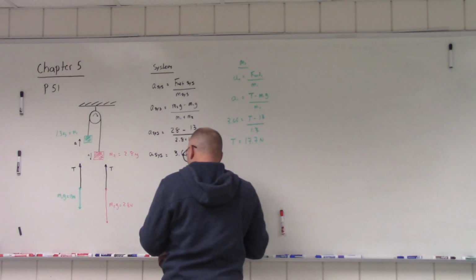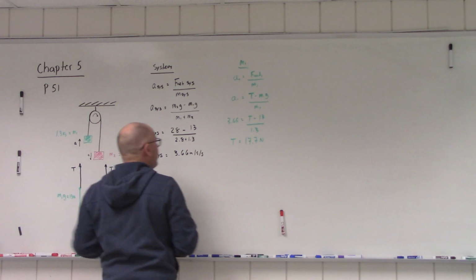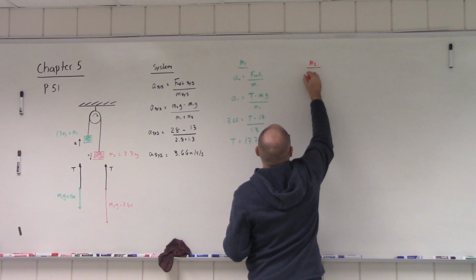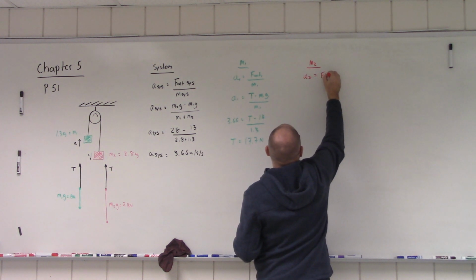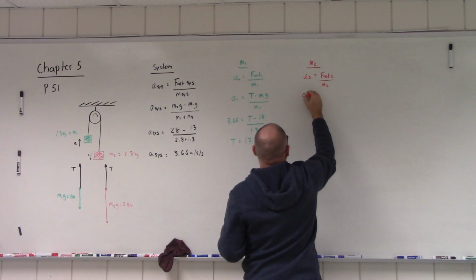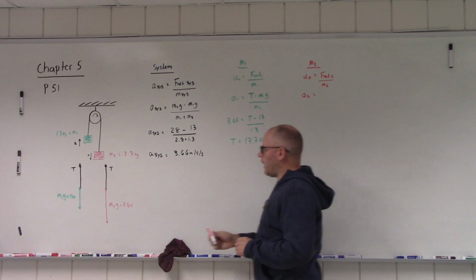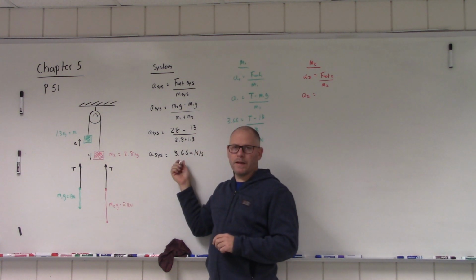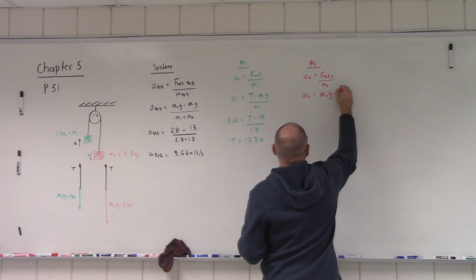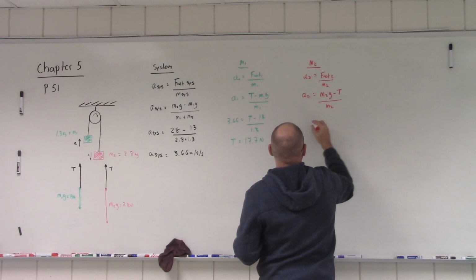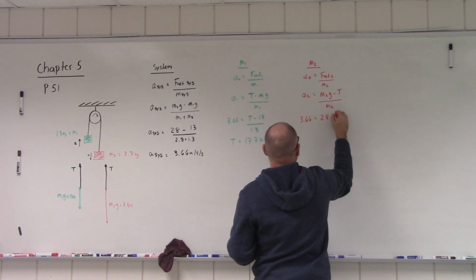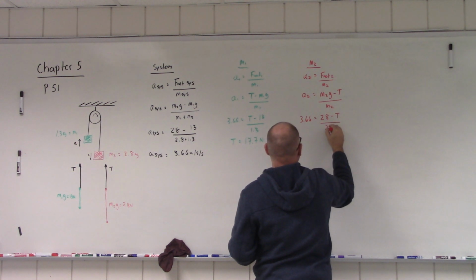As a check, to see if we have done this correctly, let's do M2. The acceleration of 2 is equal to the net force on 2 over the mass of 2. We know the acceleration. This one, I'm going to do big minus small again, so I can use the positive 3.66. So this one's going to be m2g minus T all over m2. 3.66 is equal to 28 minus the tension all over 2.8.